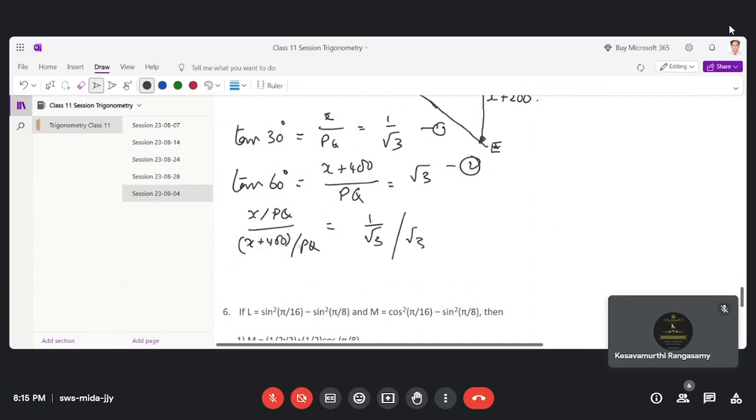So here PQ will go away and what will remain is X by X plus 400, equal to 1 by 3. So you can solve for X now.